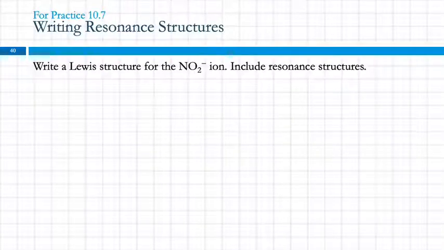Right? A Lewis structure for the NO2 minus ion includes resonance structures. So here's another example of resonance structures in a more complicated polyatomic ion. So again, we're going to start with a skeletal structure. We've got a nitrogen and 2 oxygens. How do we put these together?